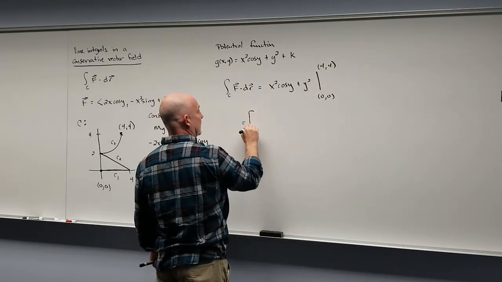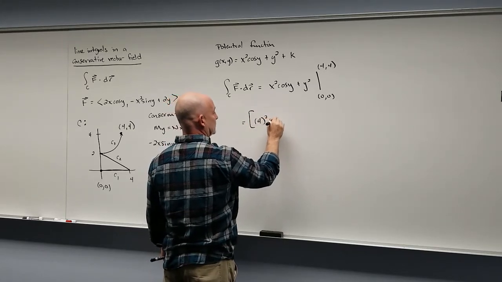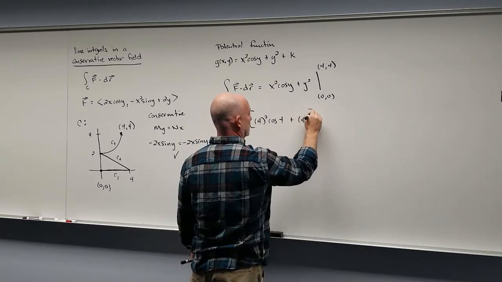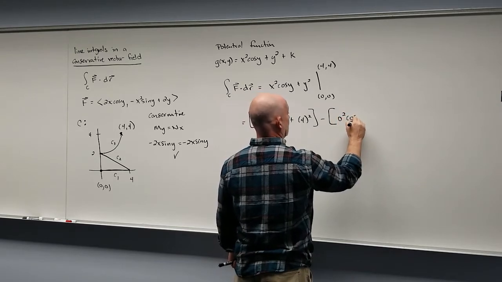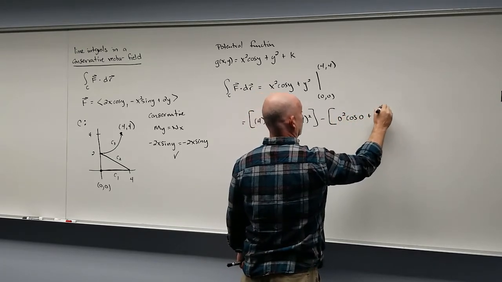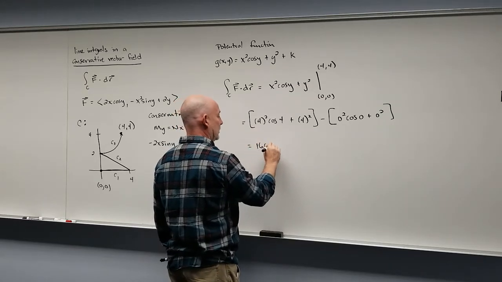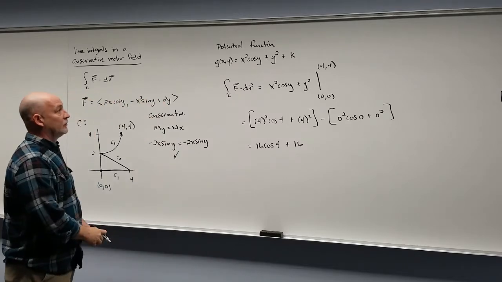All right, put in the top endpoint, that's going to be 4 squared cosine of 4 plus 4 squared minus 0 squared cosine of 0 plus 0 squared, or our answer is going to be 16 cosine of 4 plus 16. Okay, whatever number that is, that will be our value.